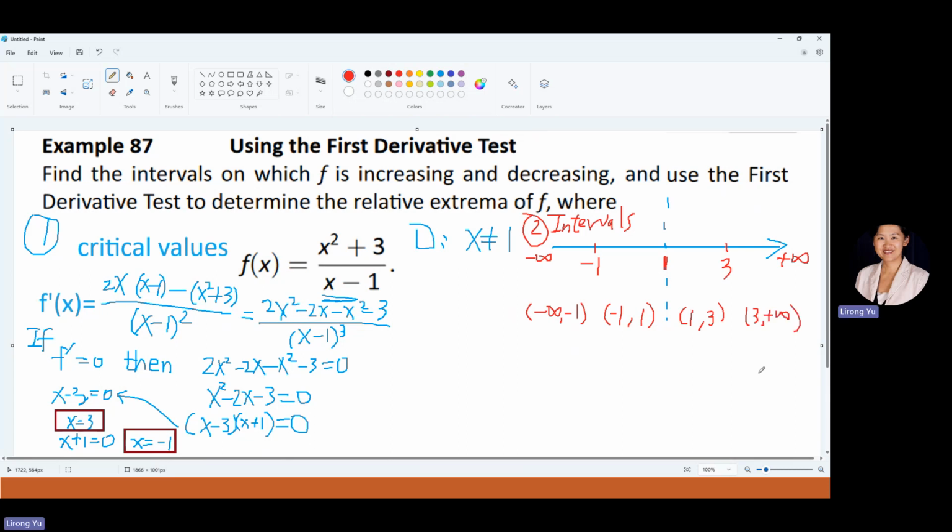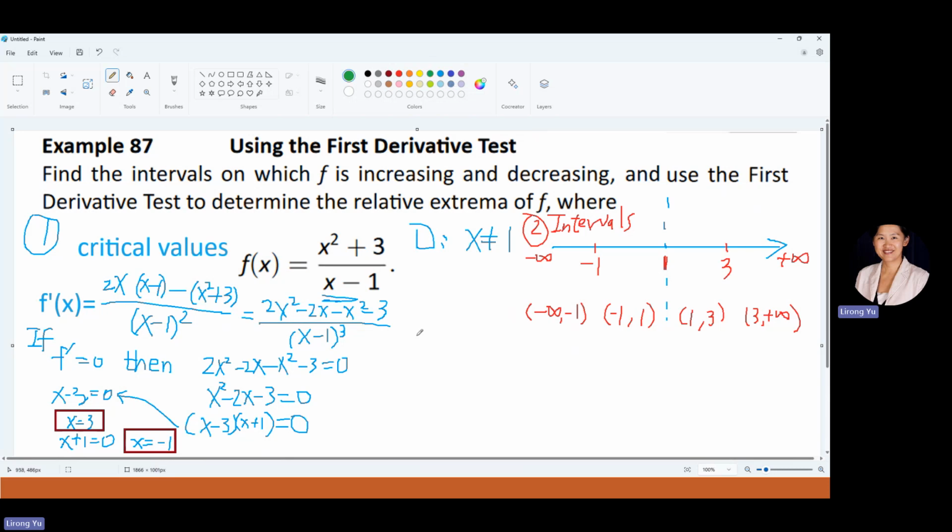Any question? As you can see, we have to consider the 1 there because x is not equal to 1. So you draw your number line according to the domain, making sure you get rid of any undefined point for your original function. So that's step 2. We now have our intervals.